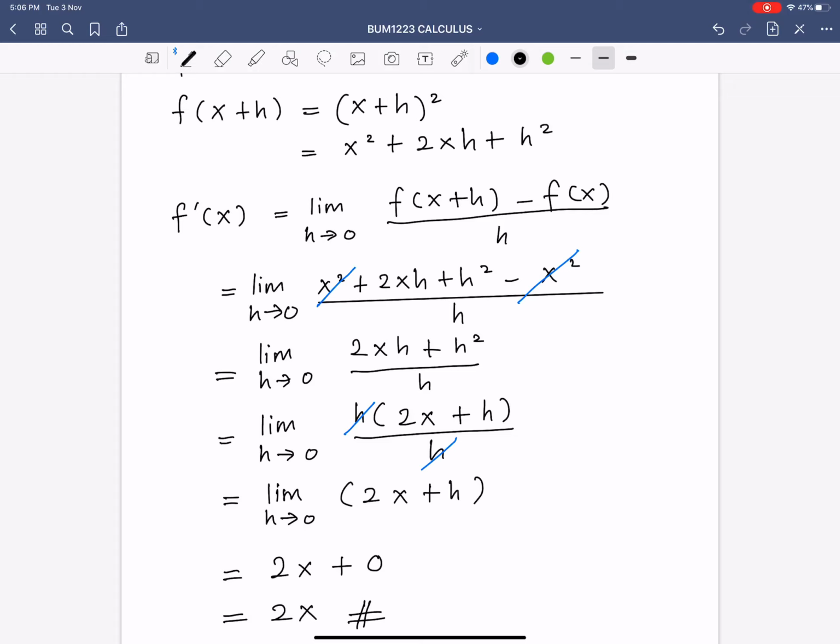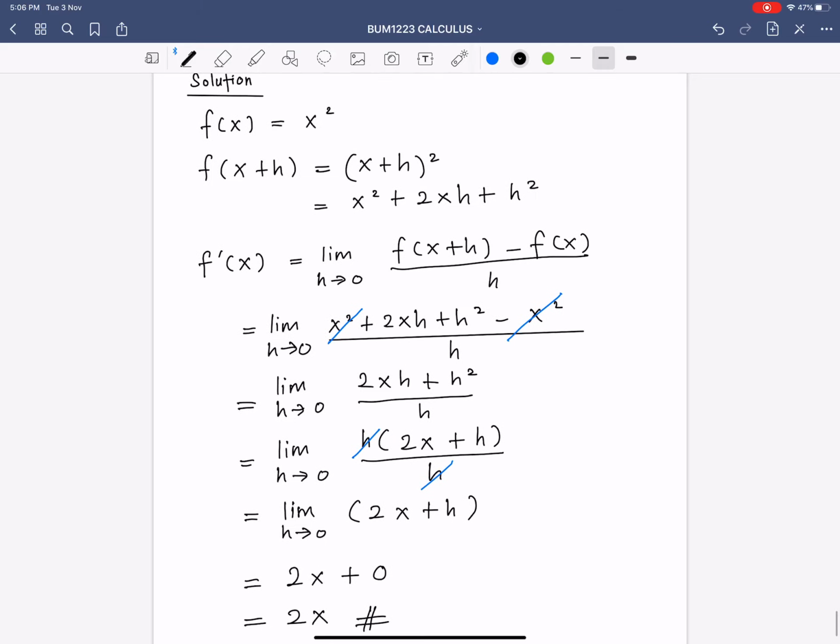If you remember the formula for the derivative, we will discuss this formula later, but whenever you have f(x) equals x to the power of n, then f prime x equals n times x to the power of n minus 1.